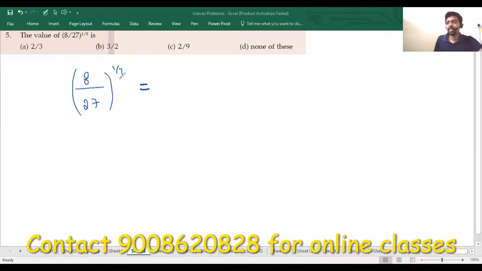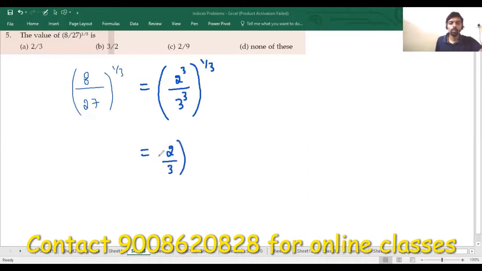So guys, this 8 can be written as 2 to the power 3, correct? And 27 can be written as 3 to the power 3, whole to the power 1 by 3. So now 2 power 3 divided by 3 power 3 can be written as 2 by 3 whole to the power 3, raised to the power 1 by 3.